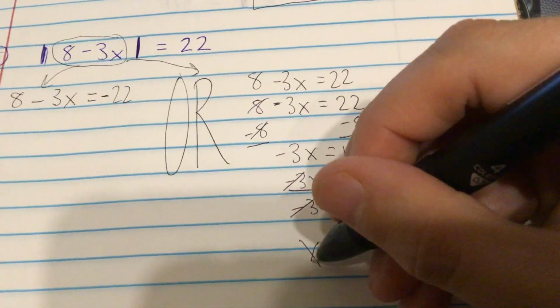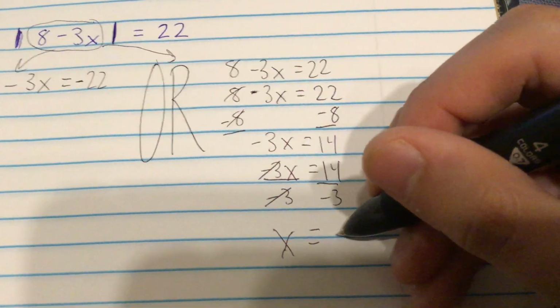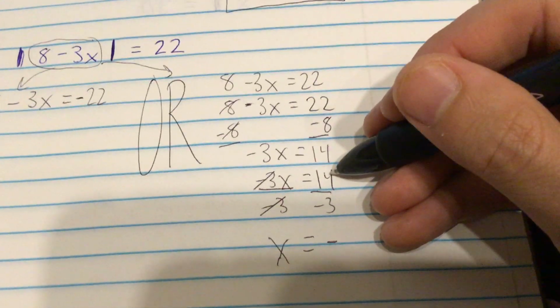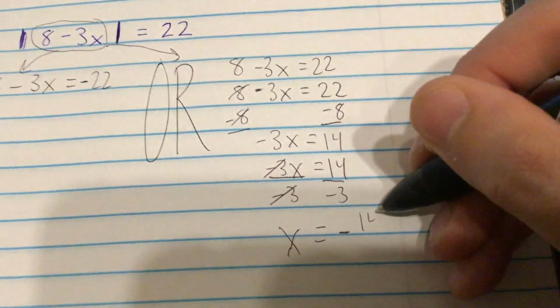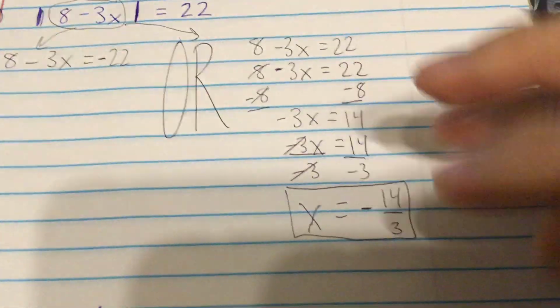So that means 14 divided by negative 3, a positive divided by negative is a negative. 14 over 3, that's a decimal. So I can leave this as negative 14 thirds, and I'm okay with that.